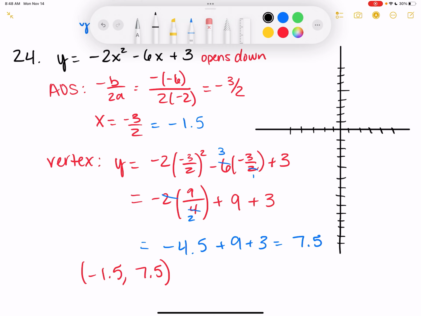Okay. All right, so my axis of symmetry is at negative 1.5. Your graph did not need to be that long going down that way. Obviously it'll eventually get there, because parabolas keep going forever, but you didn't have to do it for this one. All right, so my vertex is at negative 1.5 and 7.5.